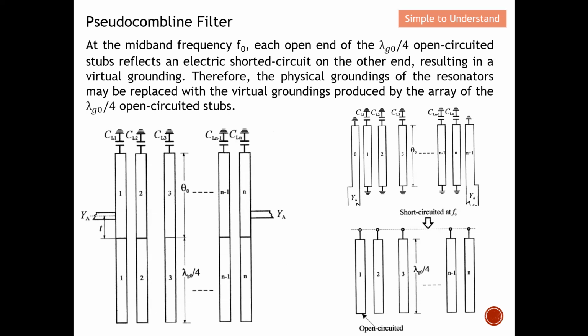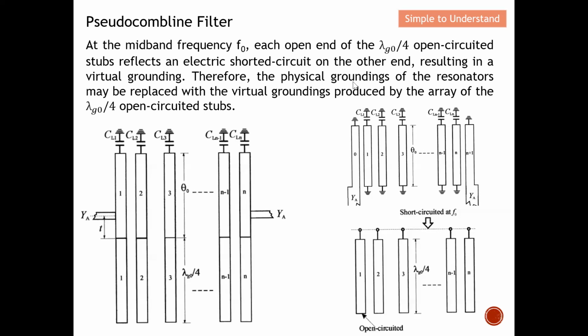Based on the length of the transmission line, it becomes a virtual ground. And therefore, we have all these short circuits, which resemble exactly the same as Combline filter design. So in short, whatever you design on the Combline filter, you actually can use on this Pseudo-Combline filter. This is the meaning here.